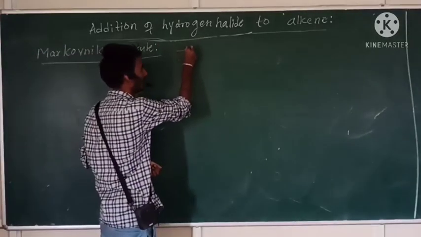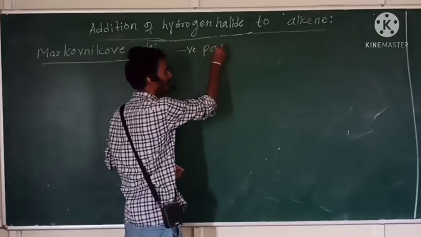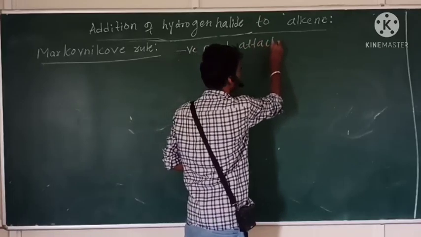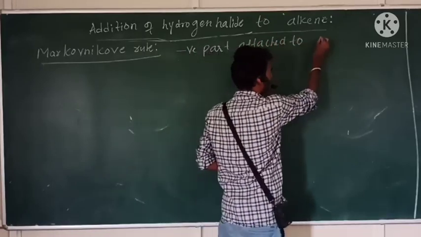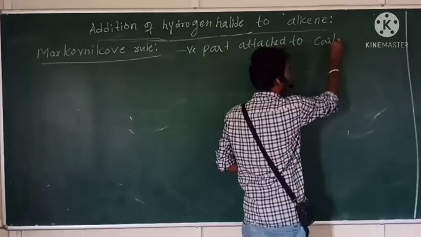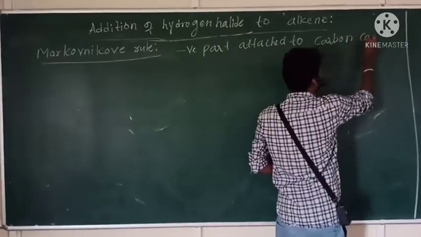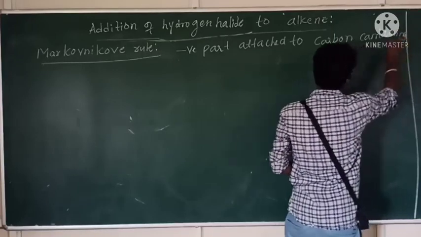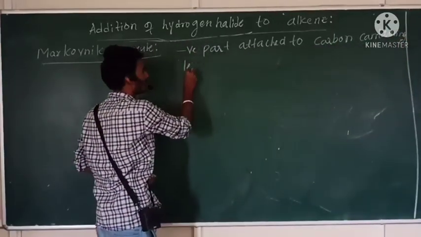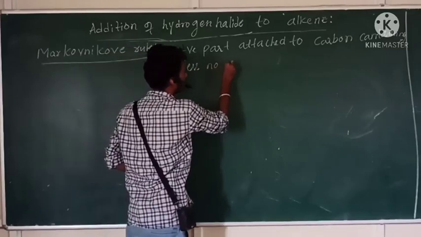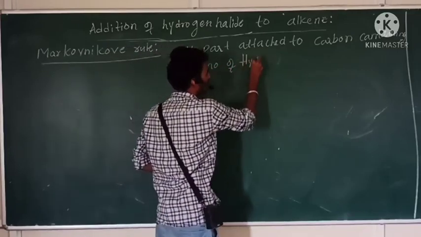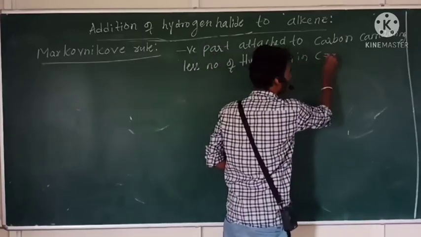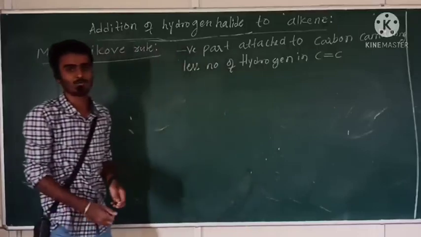So the negative part, or negatively charged species, attaches to the carbon containing fewer hydrogens in the carbon double bond.